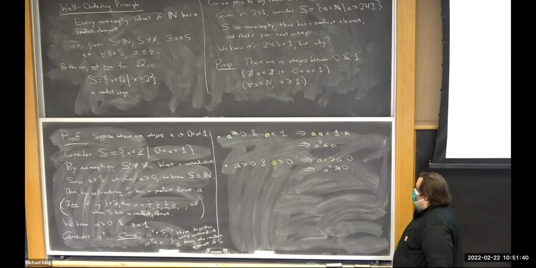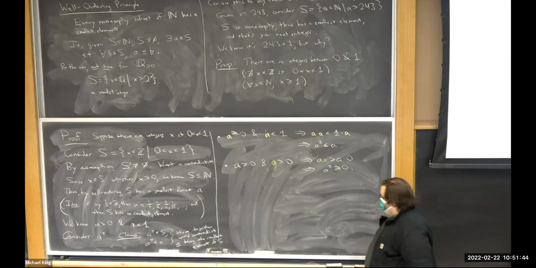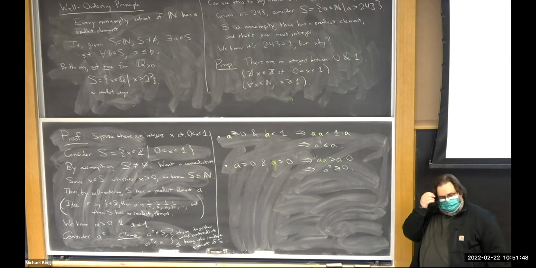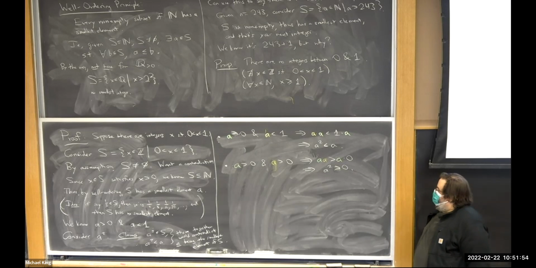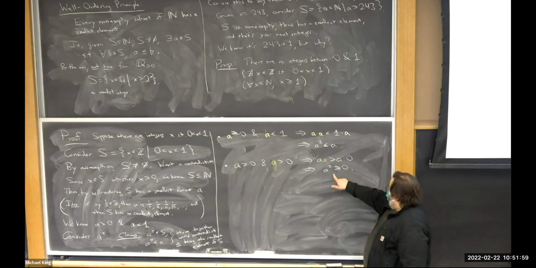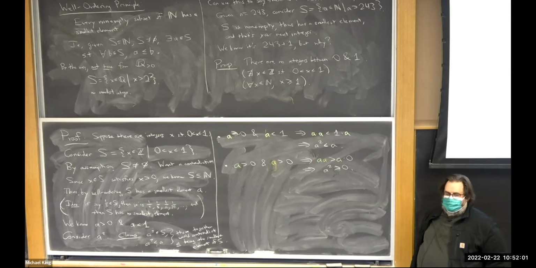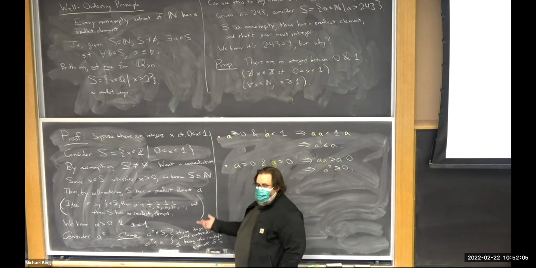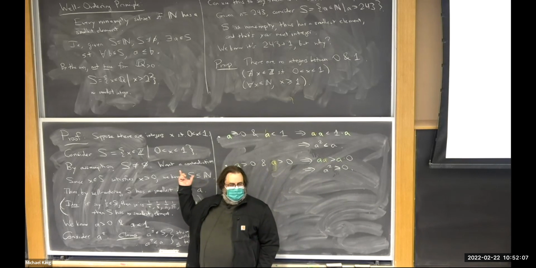Also, I'm trying to show that A squared lives in S. So what do I need to show about A squared, besides it being greater than 0? We said A squared is greater than 0, so I think we just proved it's a natural number. What else do we need to show to be in S?